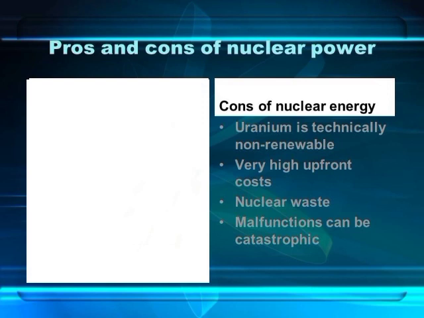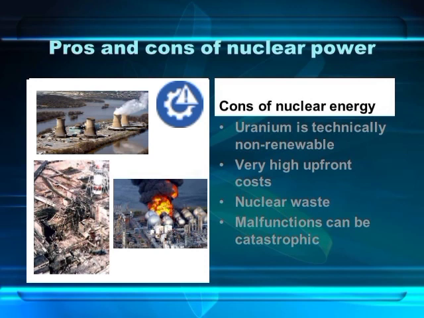And last, malfunction can be catastrophic. A nuclear meltdown occurs when the heat created by a nuclear reactor exceeds the amount of heat being transferred out by the cooling systems. This causes the system to exceed its melting point.